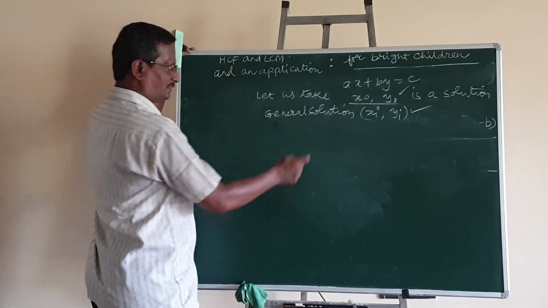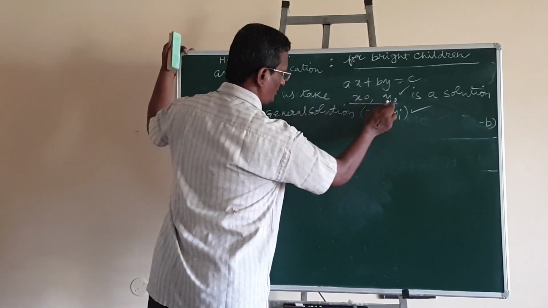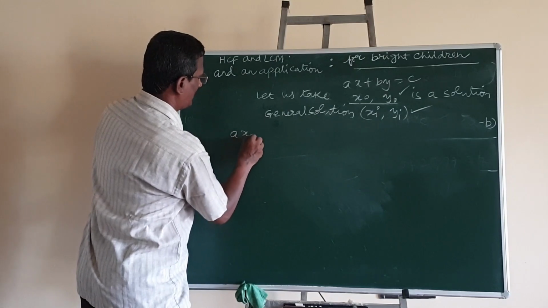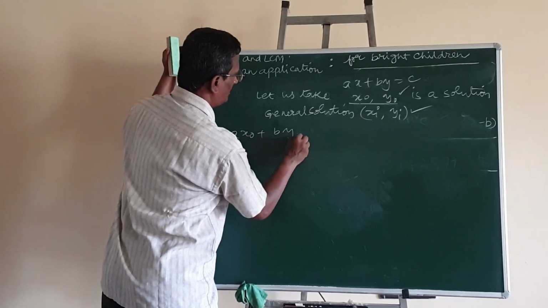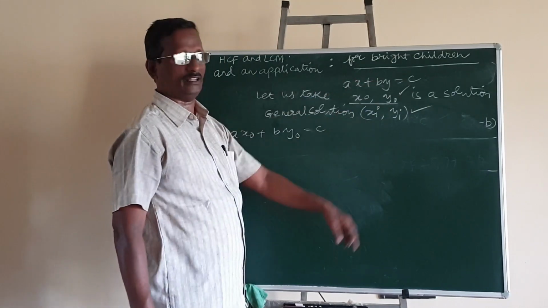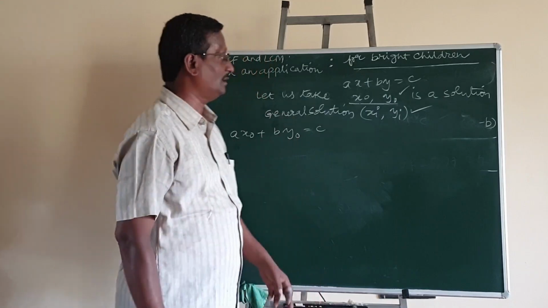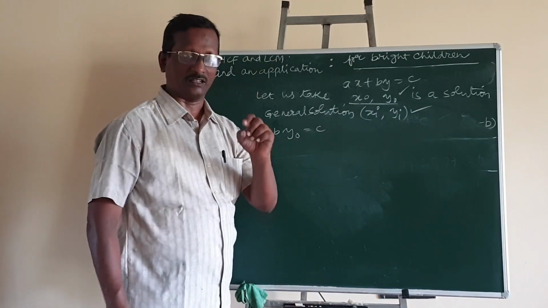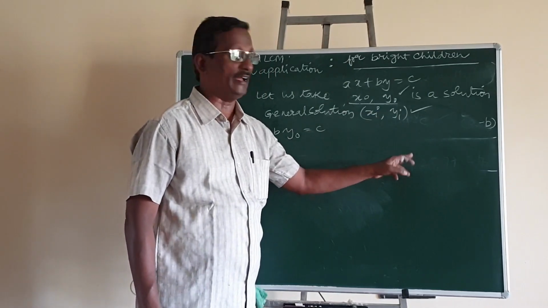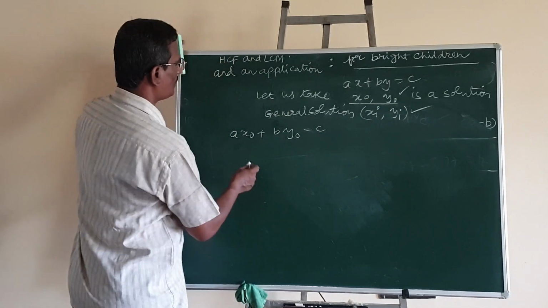Since x0, y0 is a solution we have calculated, this x0, y0 satisfies the equation, that is a x0 plus b y0 is equal to c. I have substituted the solution in the equation, and this general solution xi, yi is also a solution. It is also satisfied. Of course, we are going to calculate what is xi, what is yi, and multiple solutions we will go.